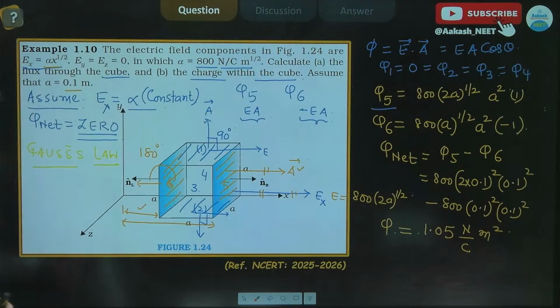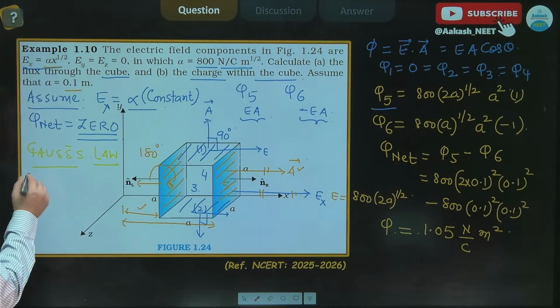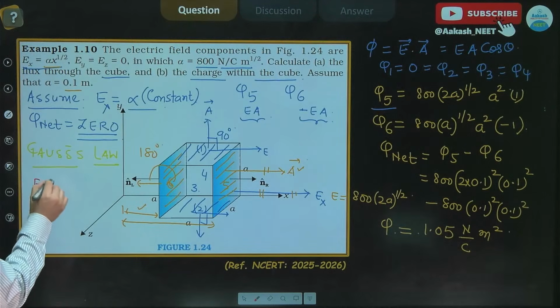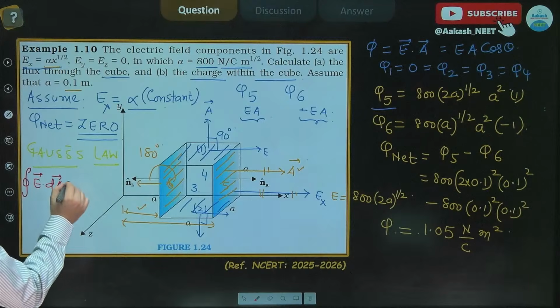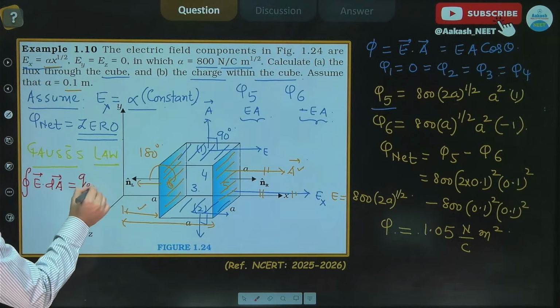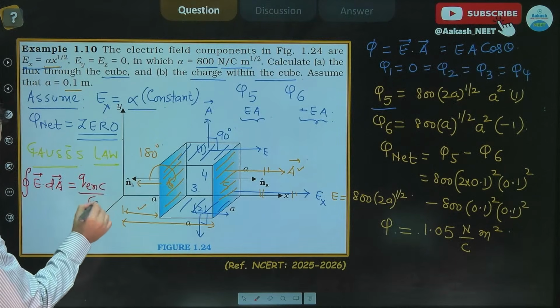I think red would also work really well on this white background, so I should make use of red also. So as per Gauss's law, the closed surface integral of E dot dA is equal to the charge enclosed divided by epsilon naught.